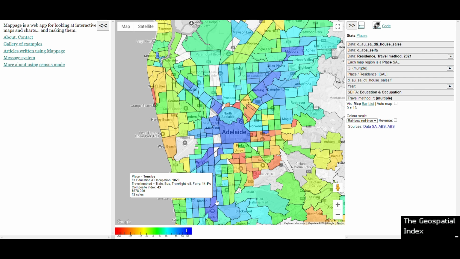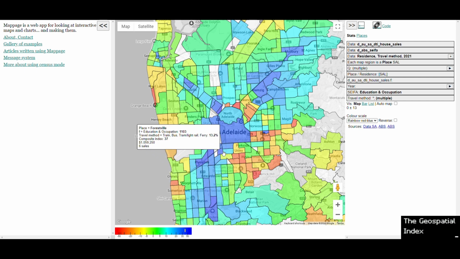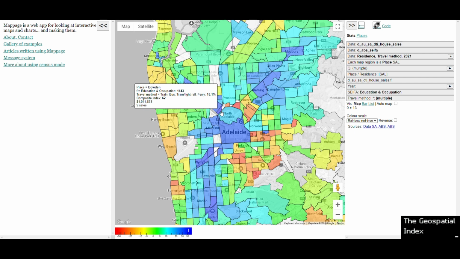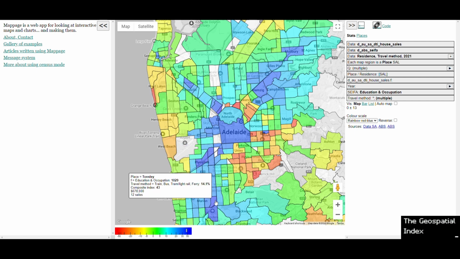And finally, scoring between these two, Tonsley with a composite index of something like 43. Crucially, the median house price for Tonsley is less than $700,000, whereas for Forestville presently the median price is $1 million, and likewise for Bowden $1 million. So overall, Tonsley appears to be worth a look.